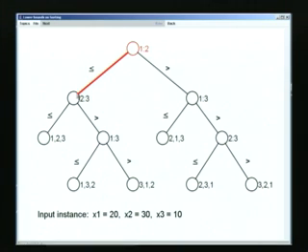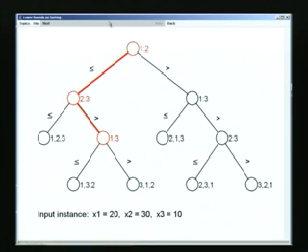So we follow this branch and arrive at this node. When we arrive at this node, we have to act according to the instruction represented by this node, which is to compare x2 and x3. x2 is 30, x3 is 10. Therefore, we find that x2 is bigger than x3, and we follow this branch. Then we perform the instruction represented by this node, which requires us to compare x1 and x3. x1 is 20, x3 is 10, x1 is bigger.